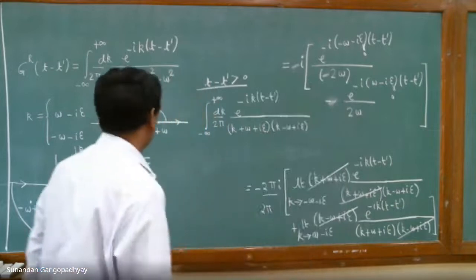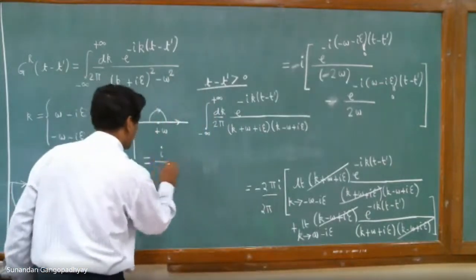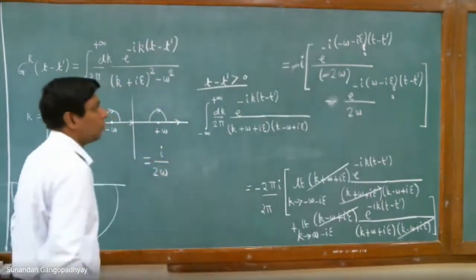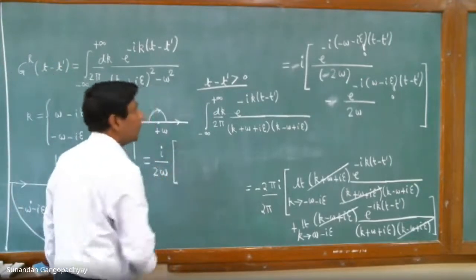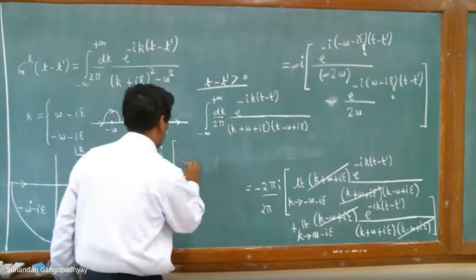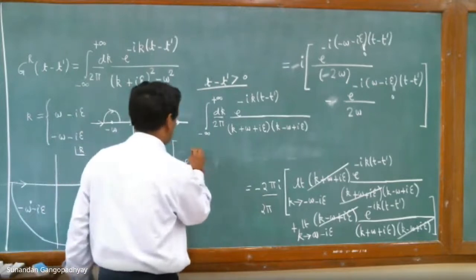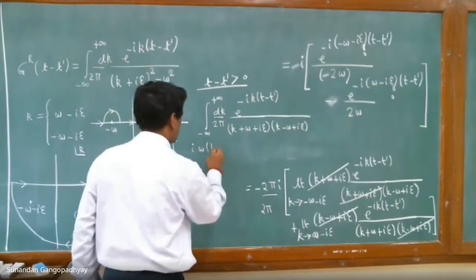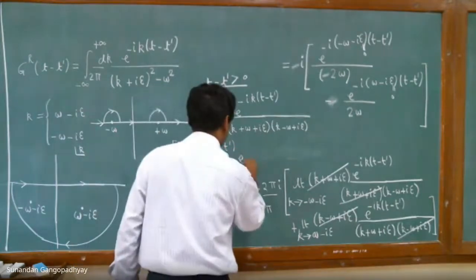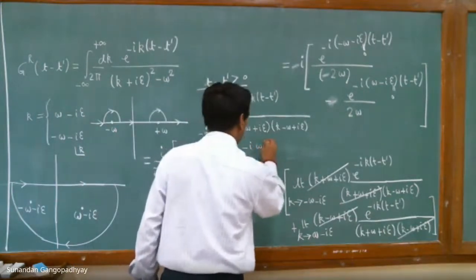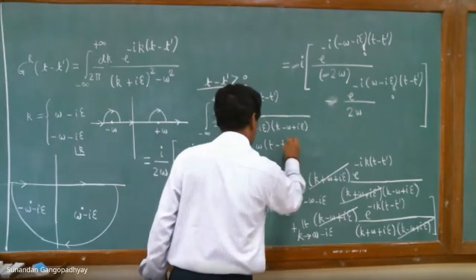Therefore we have i by 2 omega times e to the power of i omega (t minus t prime) minus e to the power of minus i omega (t minus t prime).